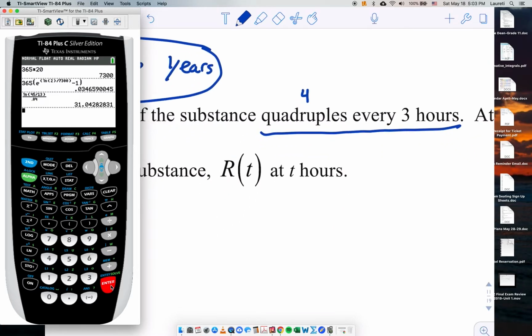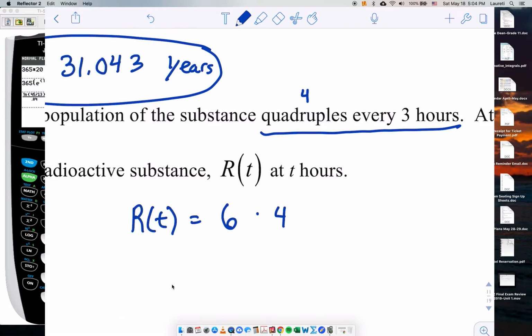So R of t is your initial amount, which was 6, times the rate, 4, and then every 3 hours. t is going to represent 1 hour, so after 1 hour you're only 1/3 of the way done. That tells me my exponent should be t over 3.